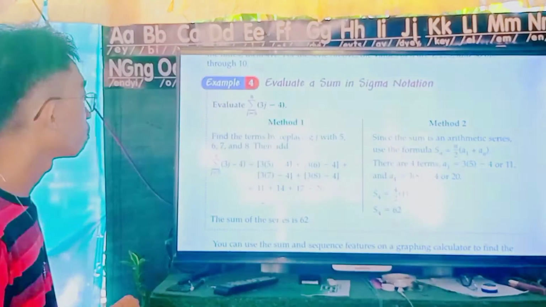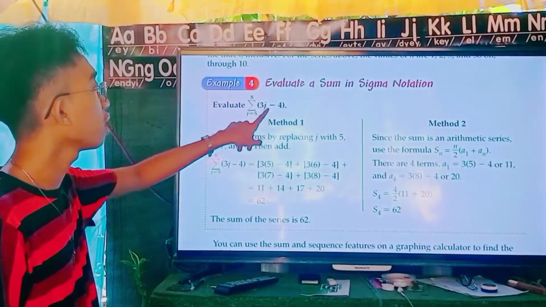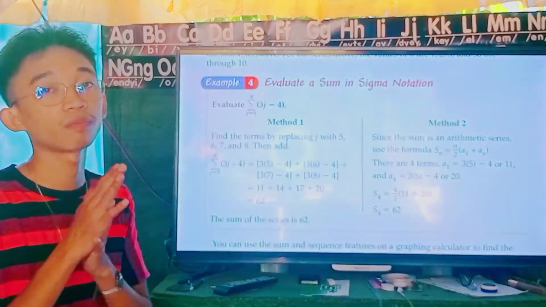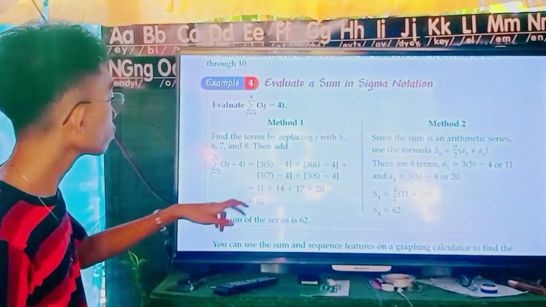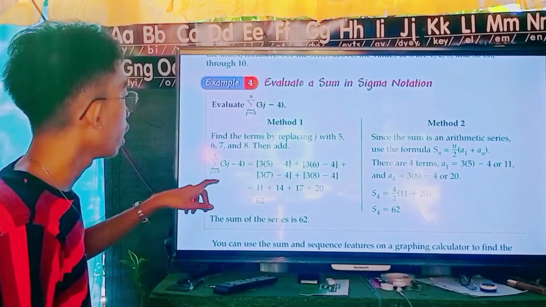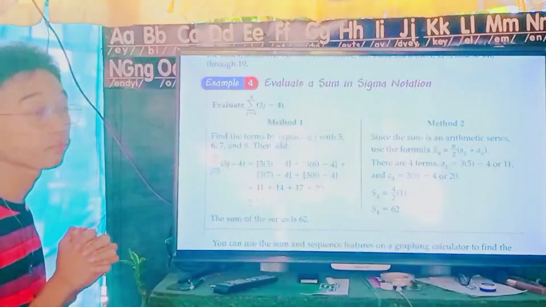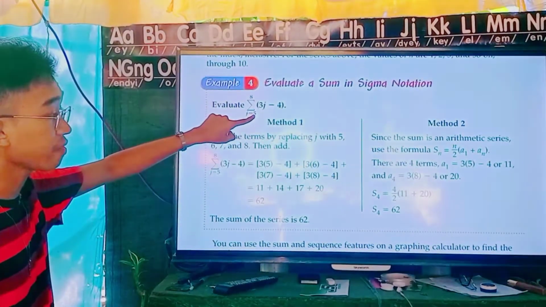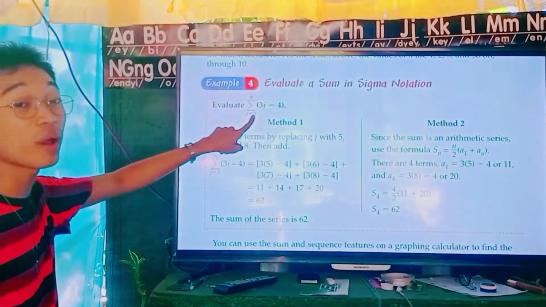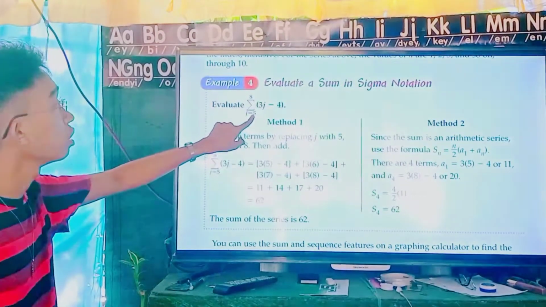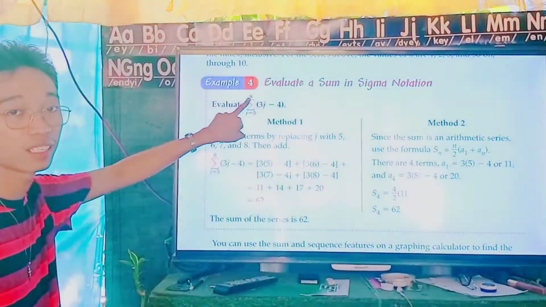Then add. So here is the given equation. All you need to do is to replace j with what? 5. 5 is the lowest value. 8 is the highest term.